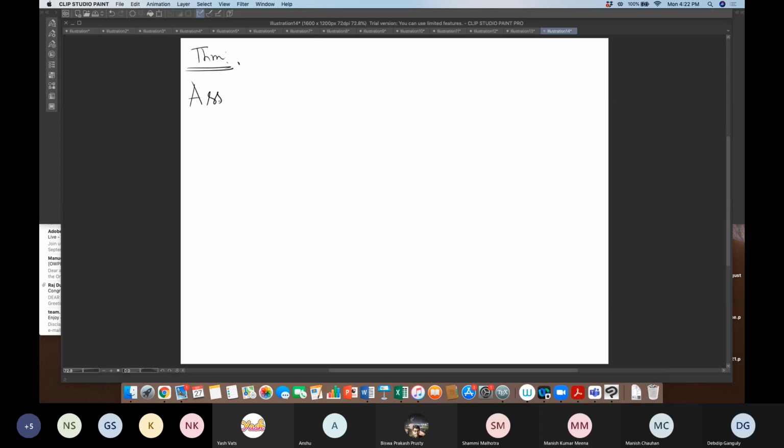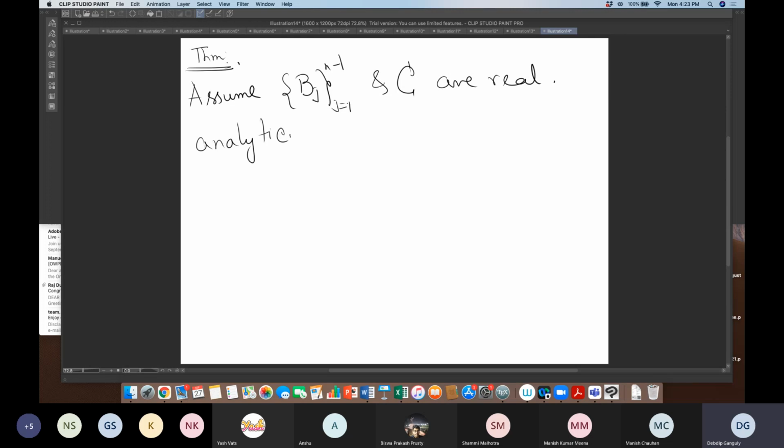Assume bj for j equal to 1 to n minus 1 and c are real analytic functions.